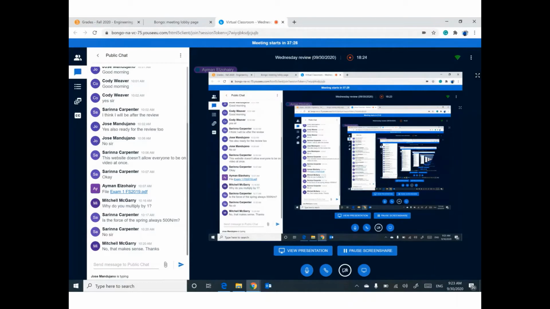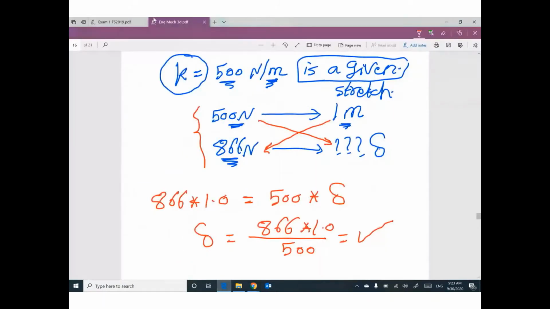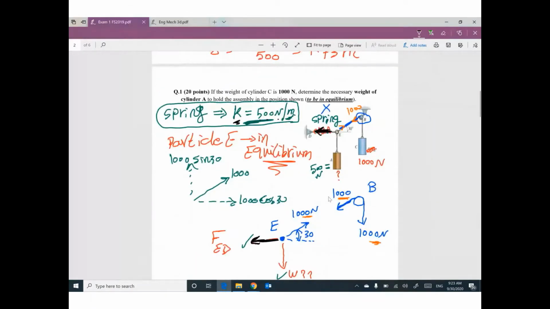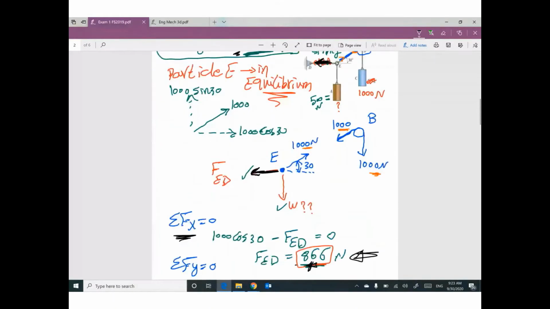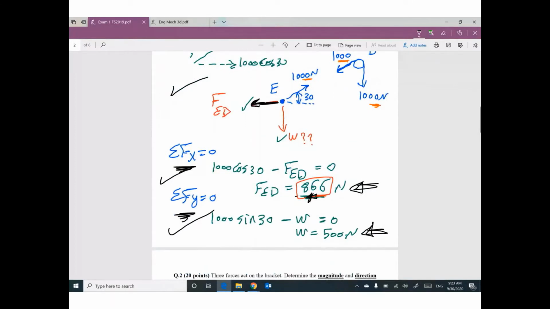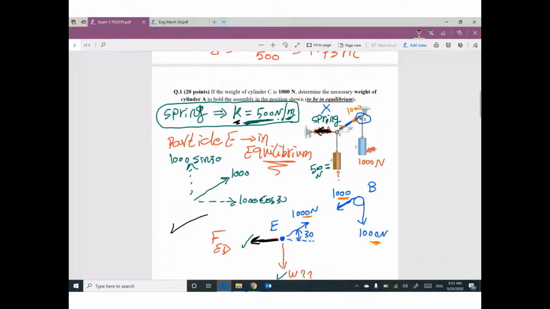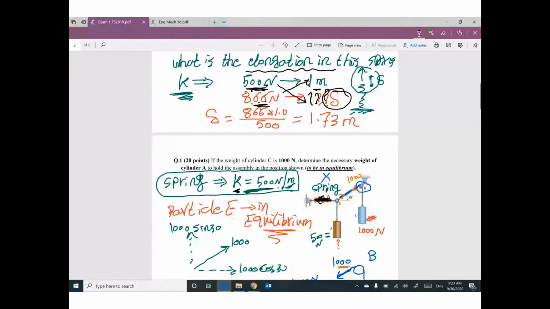Any more questions? So guys, it's a very, very simple problem. But I only need you not to be surprised if you have a spring. If you have a spring, nothing will change in your equilibrium equations. Everything's the same. But we have a new part in the problem, probably. We'll ask you what will be the elongation in this spring.